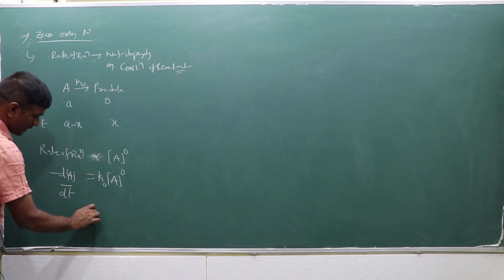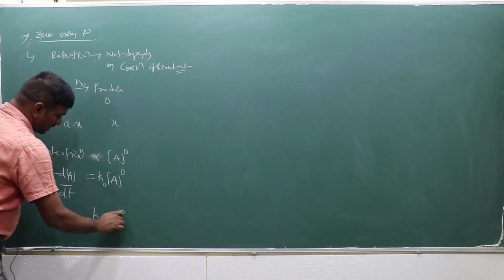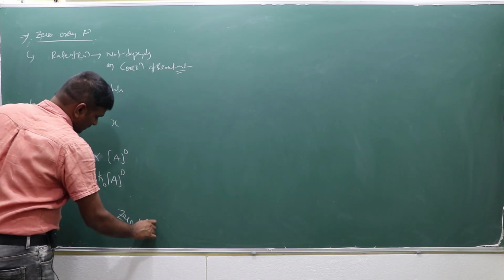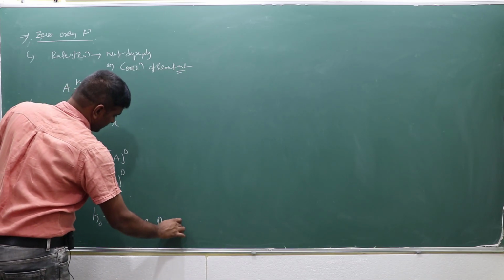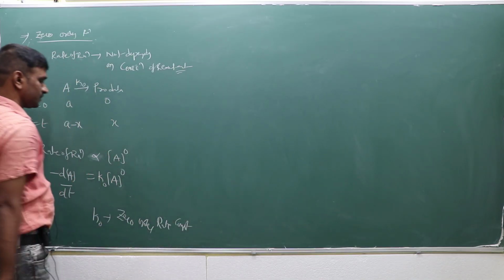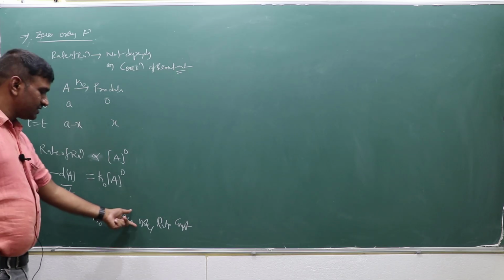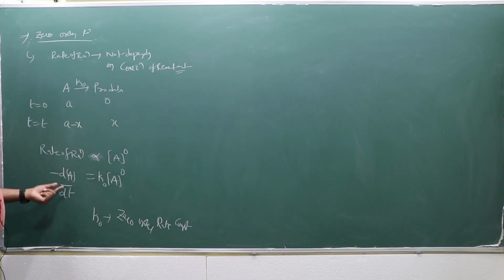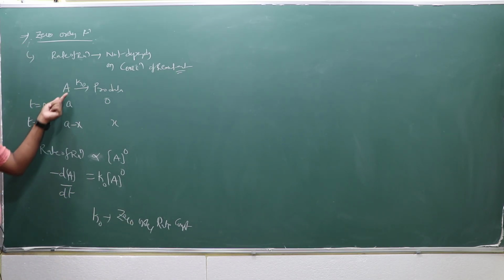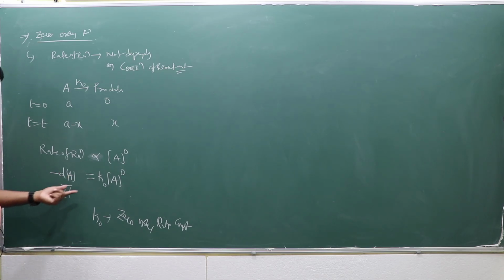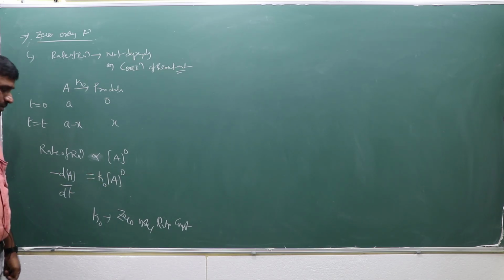So k naught is what? 0 order rate constant. I mentioned that for the rate constant, when the concentration of the reactant molecules is 1, then the rate of reaction is nothing but the rate constant. So k naught is the 0 order rate constant. So while expressed in the case of the reactant molecule, minus dA by dt is equal to k naught into a to the power of 0.